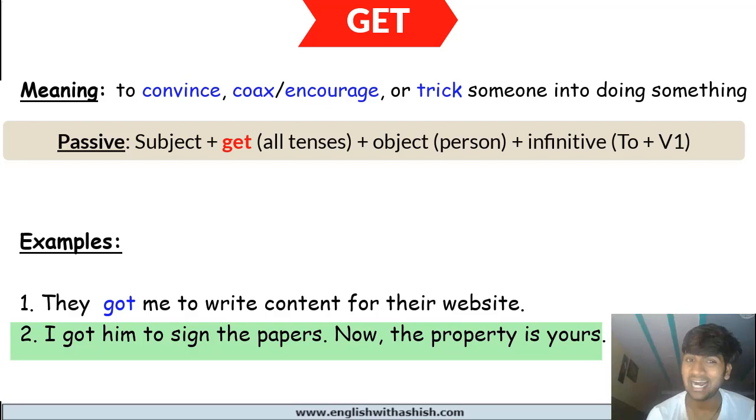I got him to sign the papers. Now the property is yours. I got him. I convinced him. He was not going to sign the papers initially, but I made him, not forced him. I coaxed him or convinced him or tricked him into signing the papers. I got him to sign the papers. Now the property is yours.